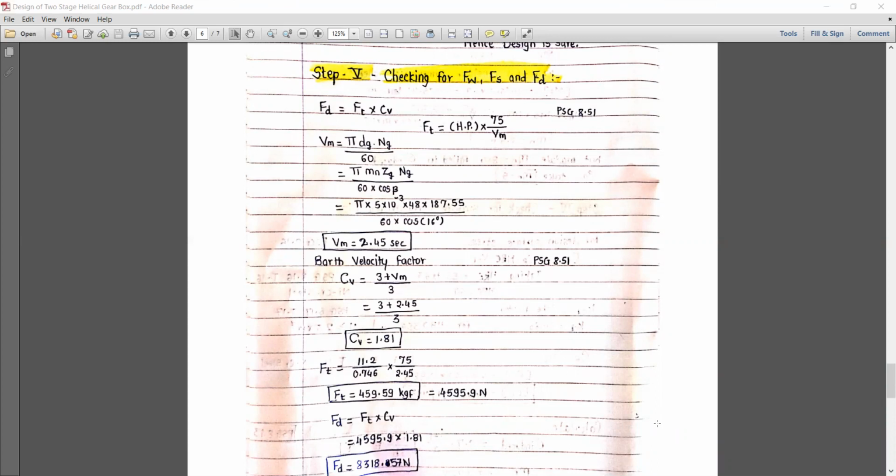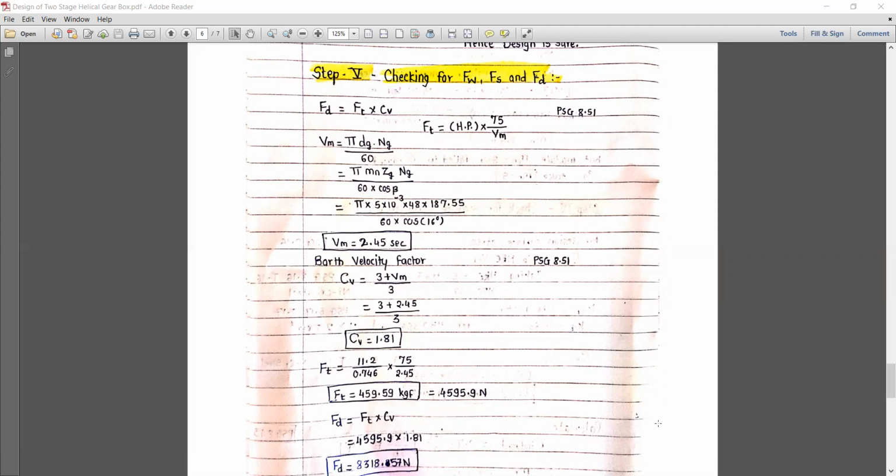FD is equal to FT into CV. FT is equal to horsepower multiplied by 75 divided by velocity. Velocity we can calculate as pi D N by 60. So D is equal to Mn into Z. Putting all the values, we get Vm equal to 2.45, and this value is in meter per second. You need to change that unit to meter per second.